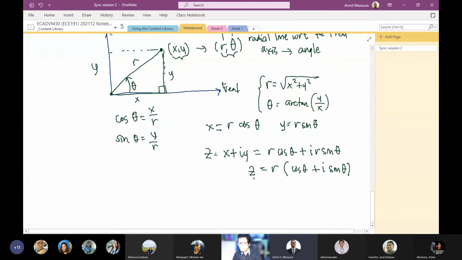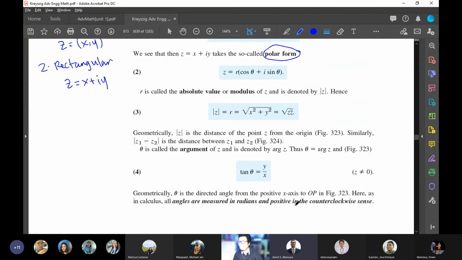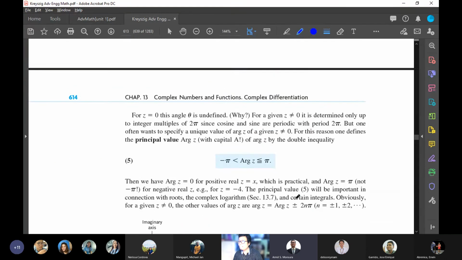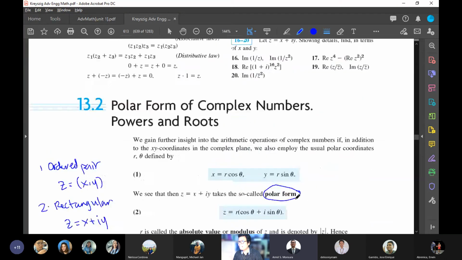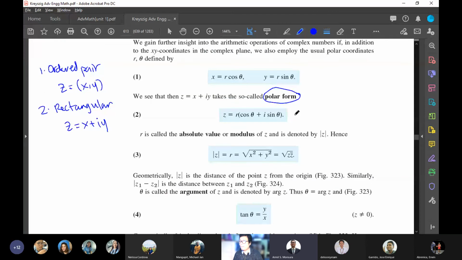Now, you can rewrite your complex number z using these polar coordinates, and thereby have what we call the polar form. The polar form of your complex number.